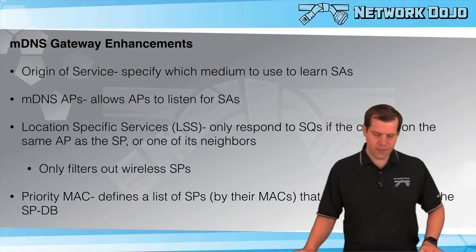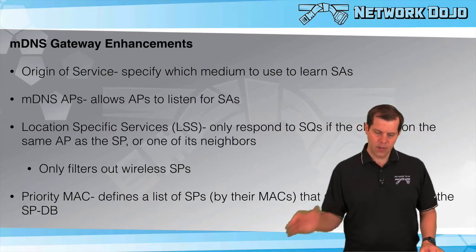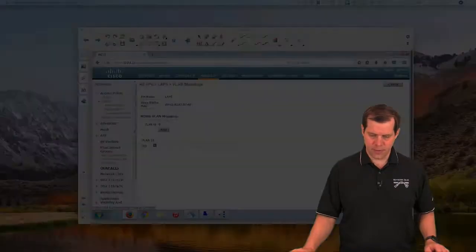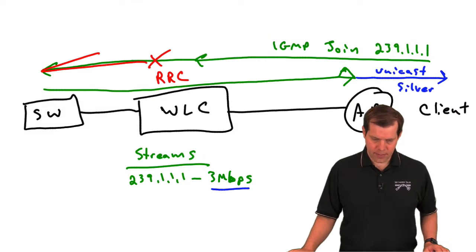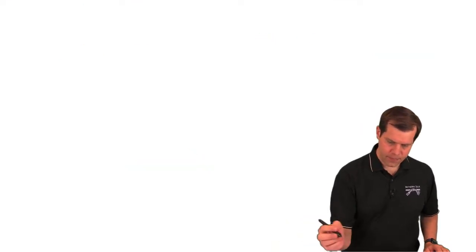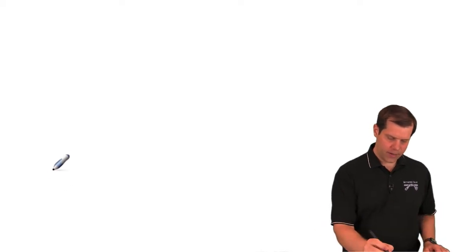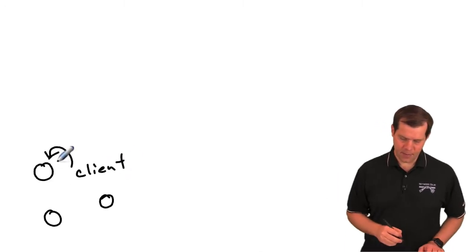We have location-specific services, which filter what we advertise based off of location. Here's the way that it's going to work. Let's say that I have a big campus, and there's an area over here where we've got some APs. Now, let's say that my client happens to be connected to this AP right now.